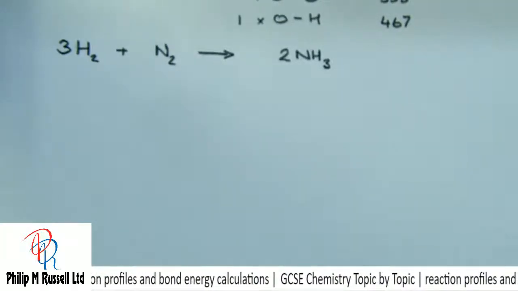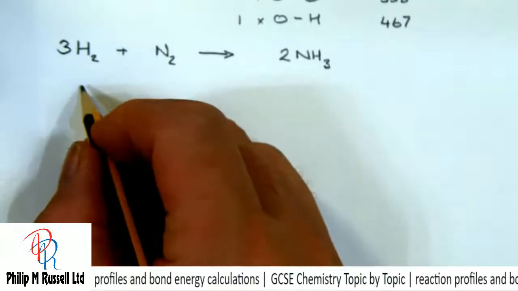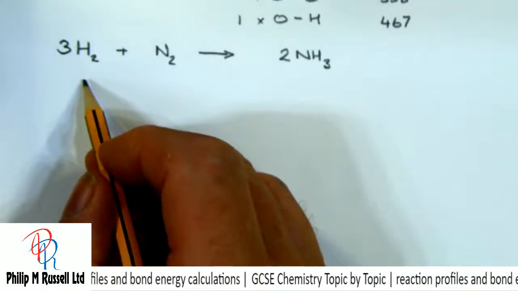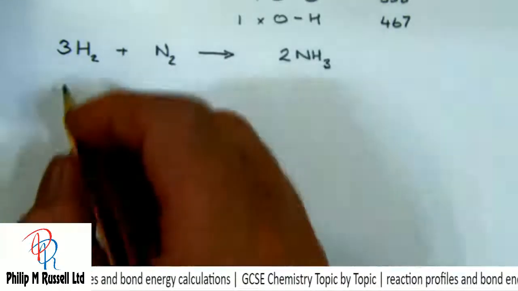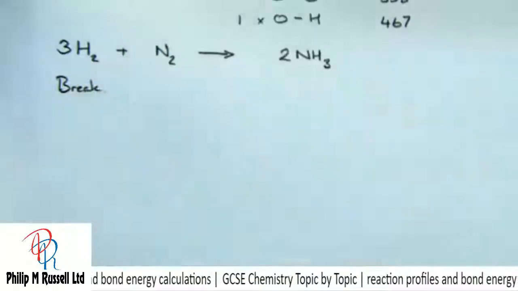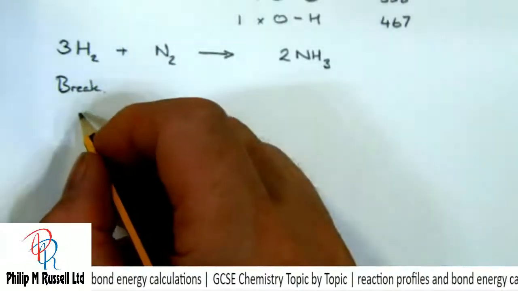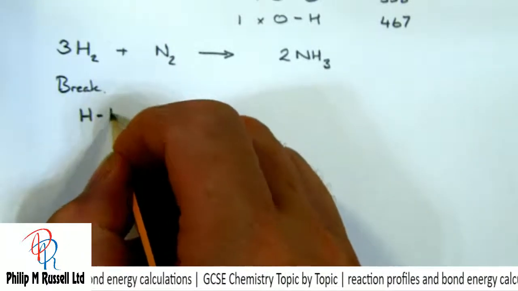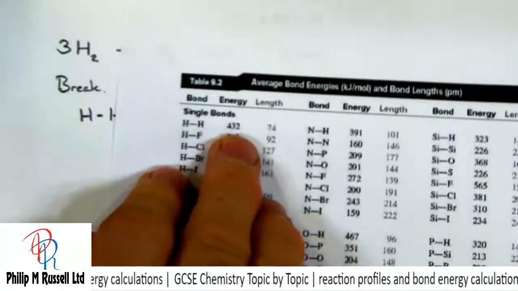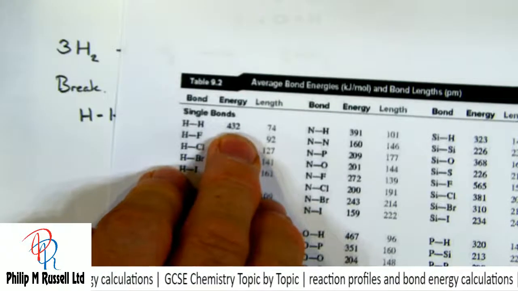So we need to supply in energy to simply break these bonds. So to break these bonds, we've got to break this hydrogen-hydrogen bond, and that is 432.